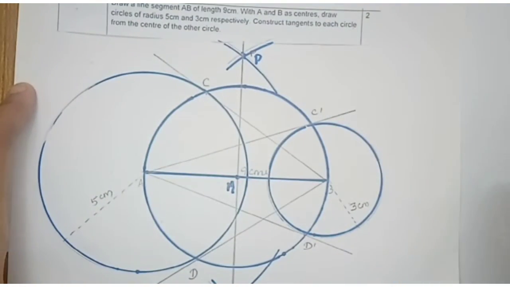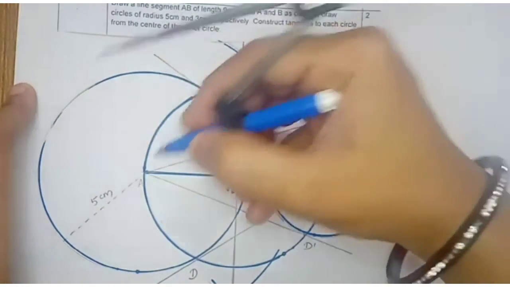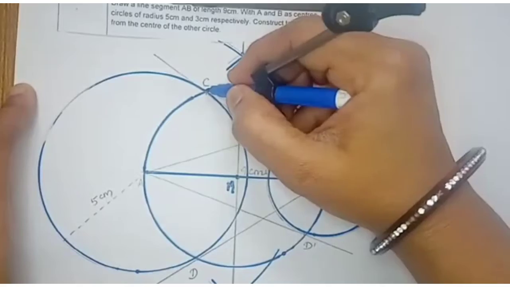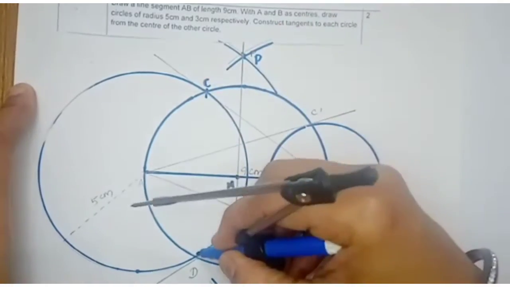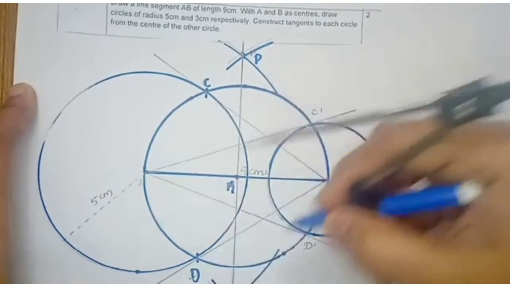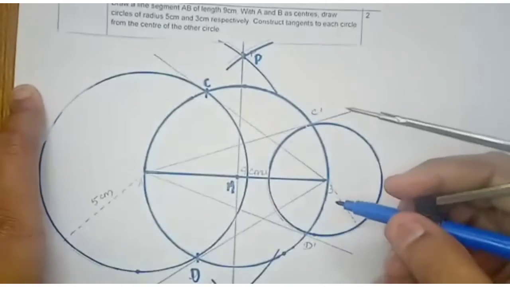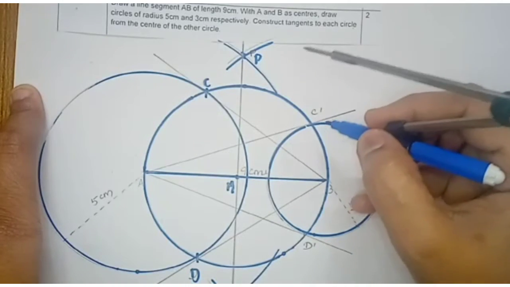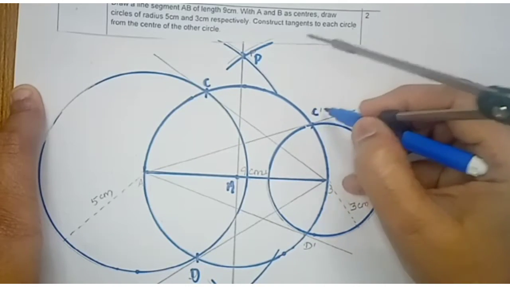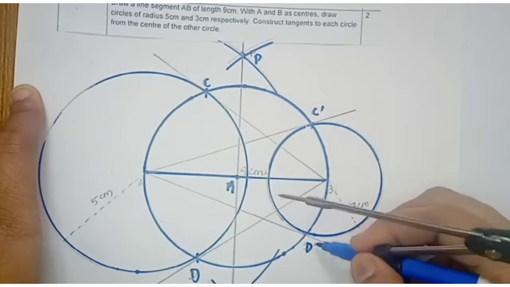This circle meets the big circle at 2 points C and D. And the small circle of radius 3 centimeter has 2 points C dash and D dash.